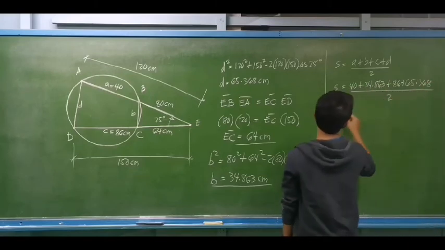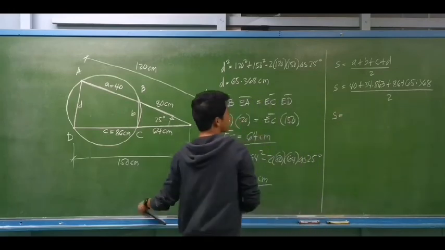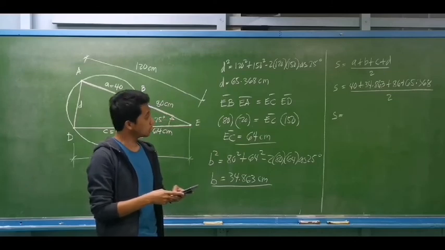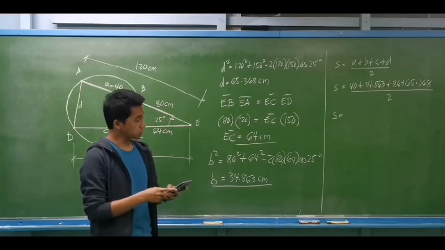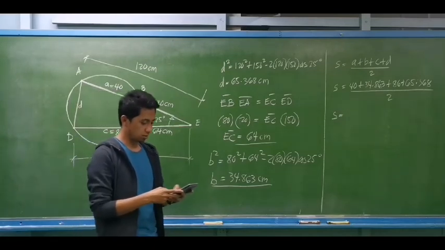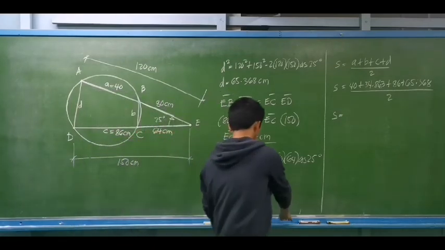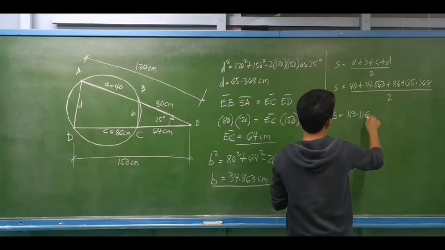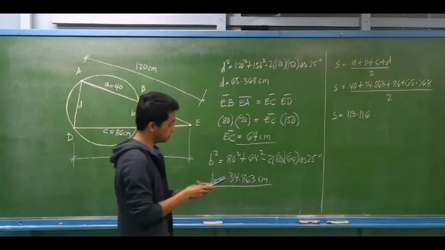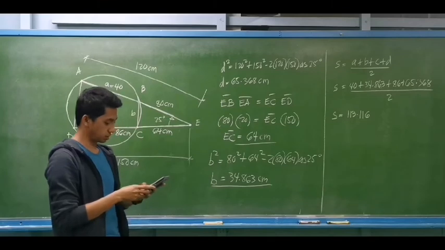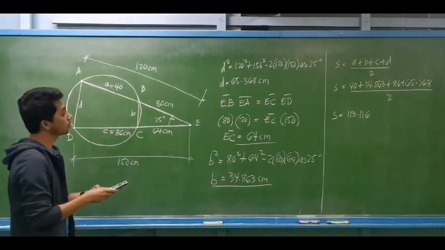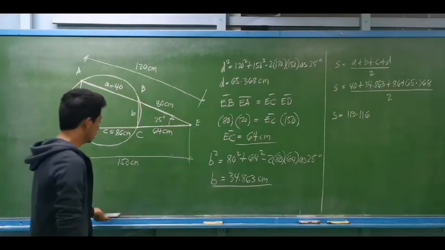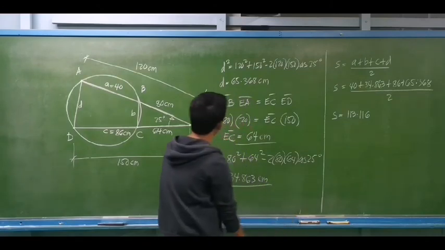So, ano yung magiging semi-perimeter? This is 40 plus 34.863 plus 86 plus 65.368, divided by 2. So, meron tayong 113.116. Okay na ba? Kung meron ka ng semi-perimeter, paano natin kukunin yung area?